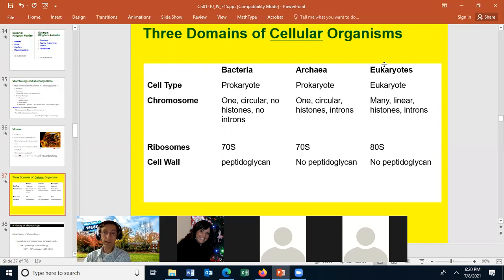For example, on the X chromosome, right here, we have a starting point and we have an ending point. And those 2 points are in different locations, and that we call a linear chromosome. Now, I mentioned the bacteria do not have histone proteins on their chromosome. This is just a protein that you can find in eukaryote DNA, and it's also found in archaea.